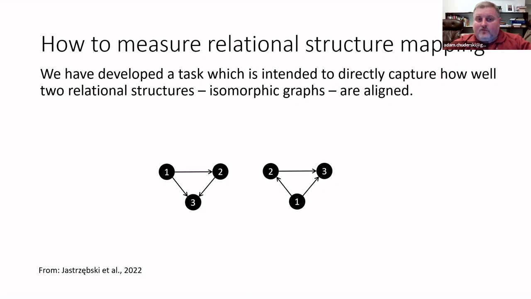What people have to do is to map together two mathematically isomorphic graphs, which are different perceptually. They are visually presented differently, but they define the same mathematical structure. So you can see the simplest possible case of isomorphic graphs.